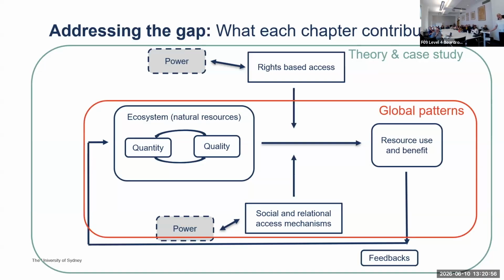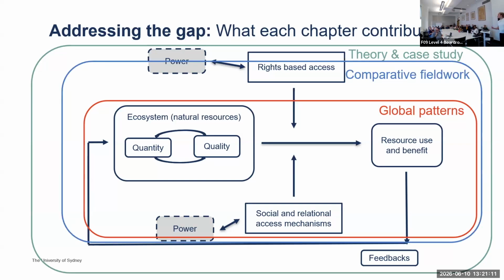In the global chapter, I'll be zooming in a bit and won't be looking at the feedbacks, but more at how different access mechanisms interact to shape ecological outcomes using disaggregated ecological indicators. And then in the comparative fieldwork chapter, I'll be zooming out again and looking at rights as well as access mechanisms, and might try to look at some of those feedbacks as well.